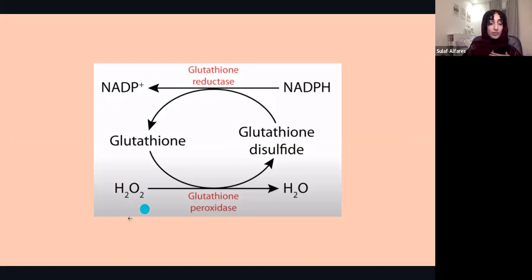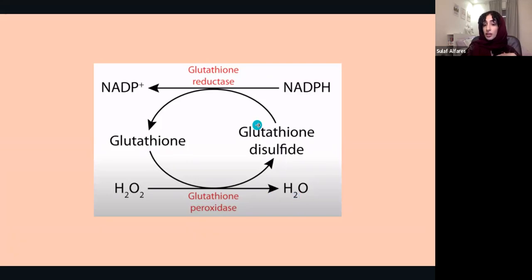This is the hydrogen peroxide molecule, and we want to make it into 2 H2O molecules. This happens through the enzyme glutathione peroxidase, which takes glutathione and oxidizes it and creates glutathione disulfide. So we're going to have 2 things now, glutathione disulfide, and we're going to have H2O.